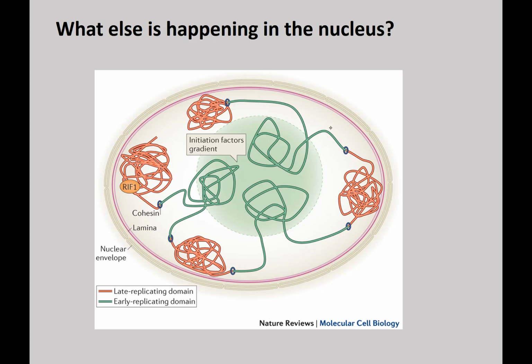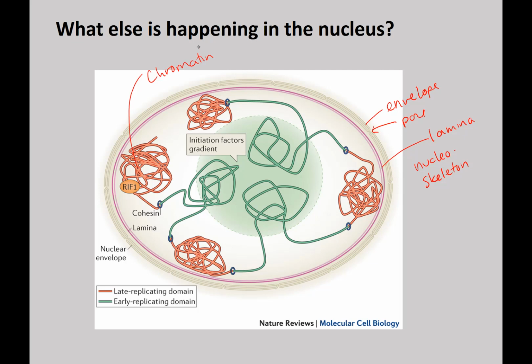All right. What else is happening in the nucleus? Okay, so I like this picture because here's our envelope and a pore. And this nice pretty pink is your lamina, your nucleoskeleton, sorry. Okay. And then you've got your chromatin. And don't worry about these early and late replicating domains.